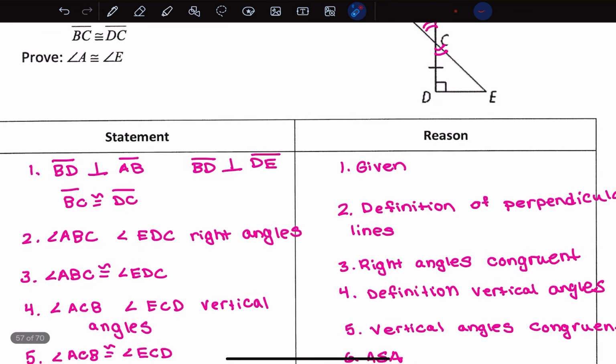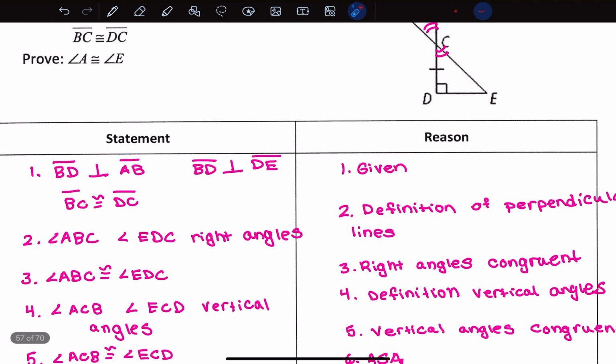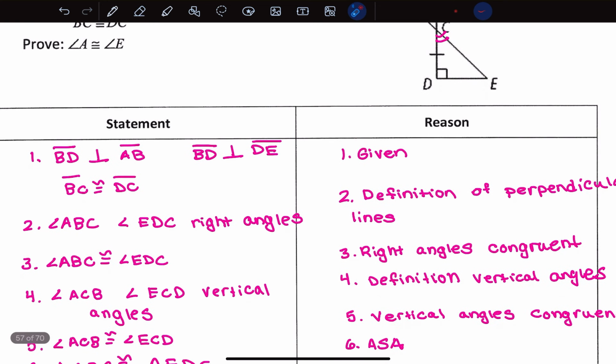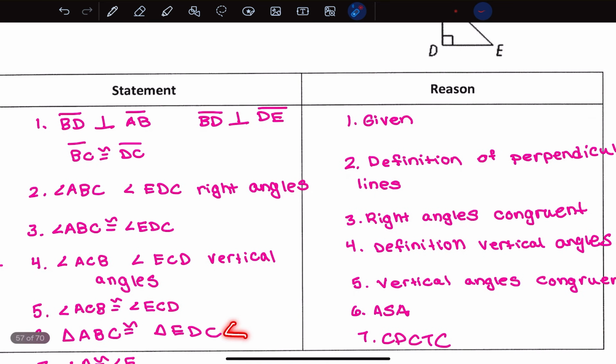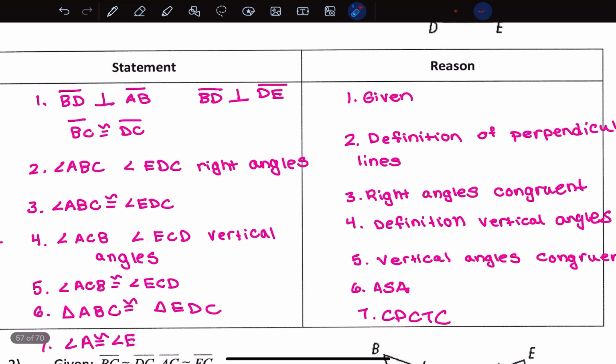The next two lines are dealing with the vertical angles, so I'm stating that I have vertical angles and that these angles are therefore congruent. I'm then stating that the triangles are congruent by angle, side, angle, and therefore angle A is congruent to angle E by corresponding parts of congruent triangles are congruent, aka CPCTC.